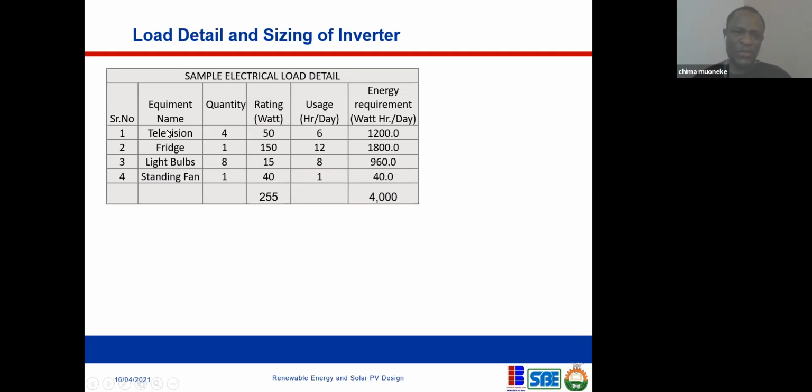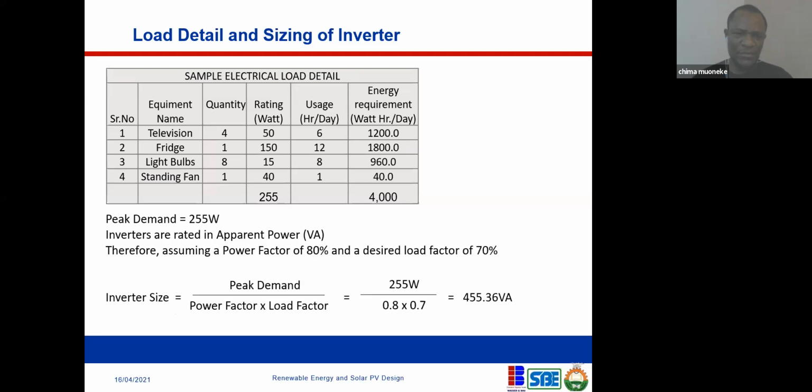All you need to do is put the name of the appliances, the quantity, then the power rating and the hours of usage. The energy requirement will be calculated automatically. So we'll share that file with you. There are some other things in that Excel file that you will find useful. So this is a simple energy audit or load assessment of the facility that we need to power.